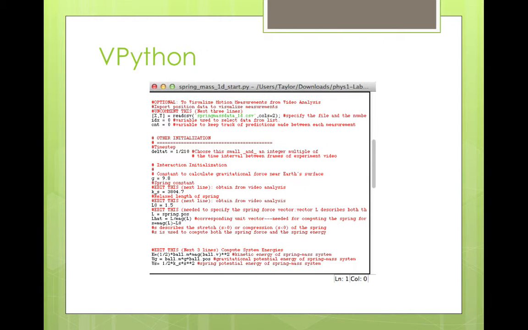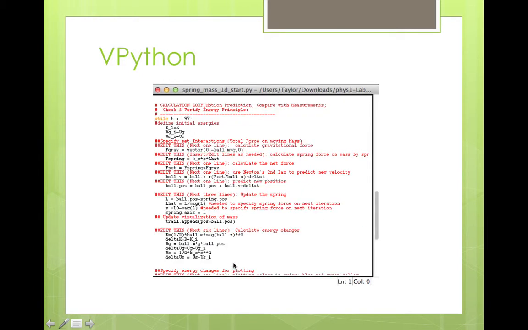We also have the energies at the bottom. We have the kinetic energy shown here, U gravitational, which is the gravitational potential energy, and the spring potential energy. And this is while t is less than 0.97 seconds.